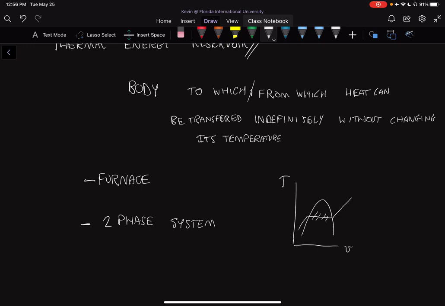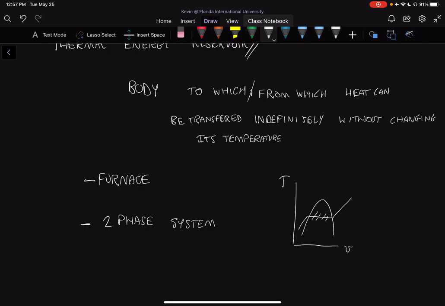And if the system is in the middle phase, we know that the temperature doesn't change. So for example, if we have boiling water, then that could be considered a thermal energy reservoir because the temperature of the reservoir, no matter how much heat we lose to the outside or how much heat is added, is going to keep the same temperature as long as it's boiling. Okay, in this two-phase system, it's going to be boiling.